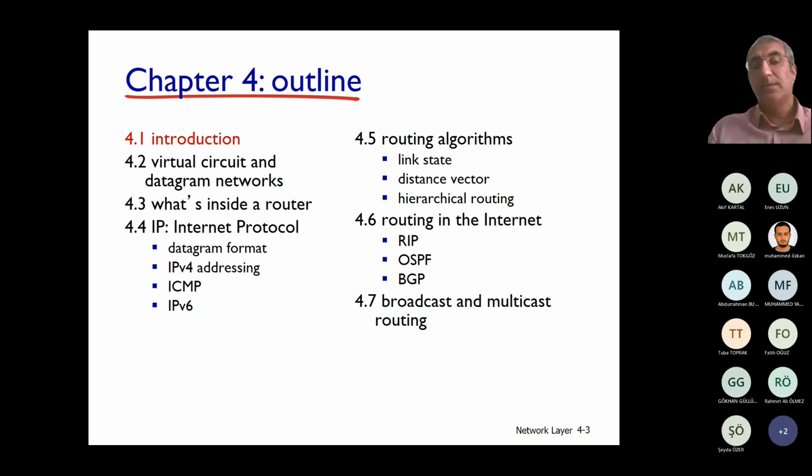And then some protocol related to IP, which is ICMP. And the last topic is going to be IP version 6. So what are the main features of IP version 6? Why are we moving from IP version 4 to IP version 6? We are going to answer all these questions. And then we are done for today.